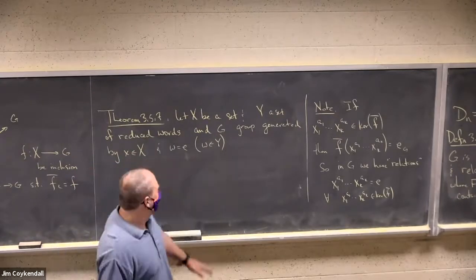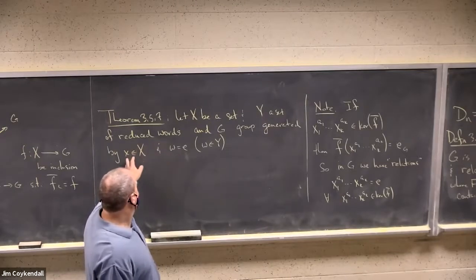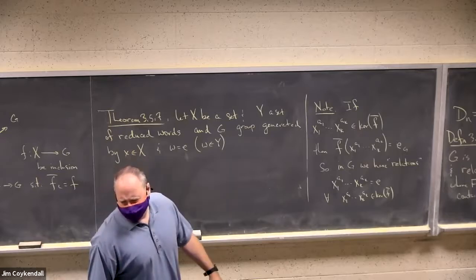Now, suppose that we have, so here's the situation. We have a group G and it's generated by X and the relations here.